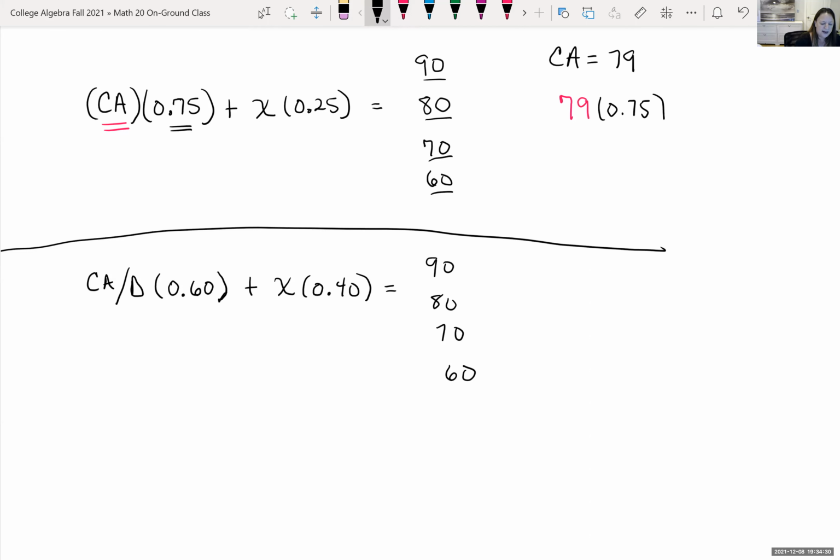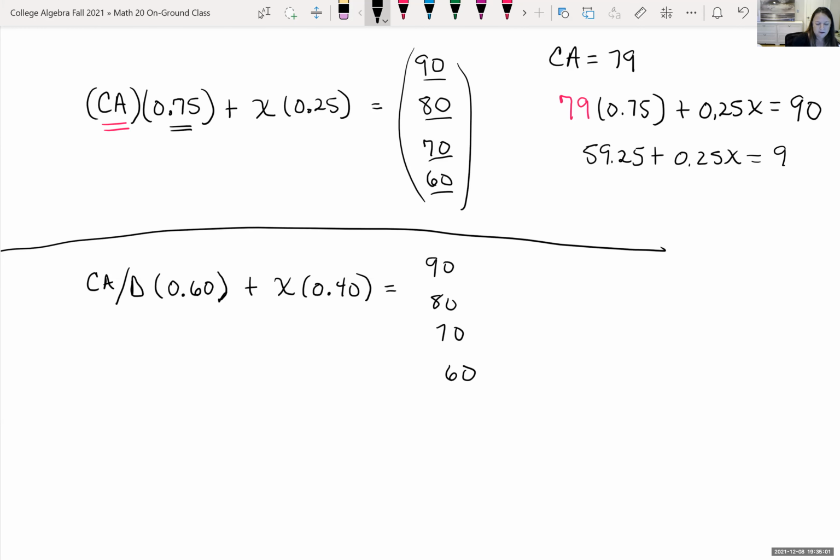If you wanted to put it as 0.79, then you would have to put this side of the equation as a percent. So plus 0.25x is equal to, let's see if this student could get an A in the class. So let's look at what 79 times 0.75 is, and that is 59.25, plus 0.25x equals 90.